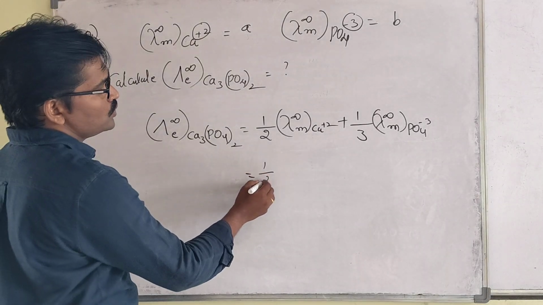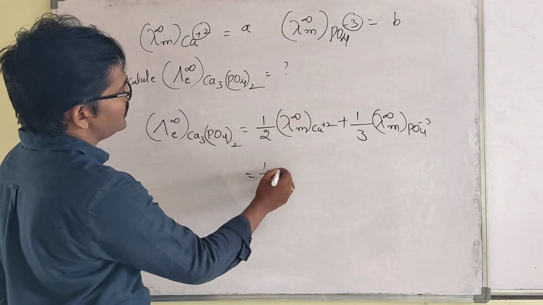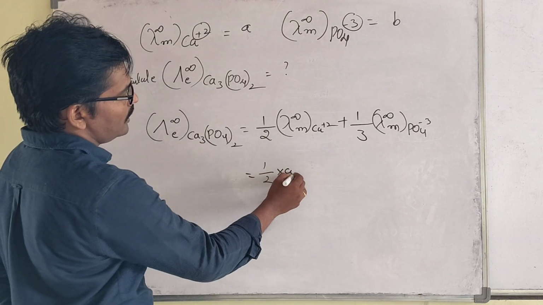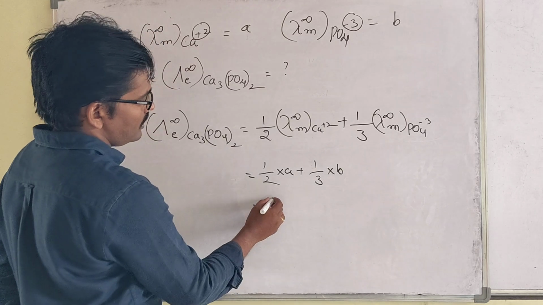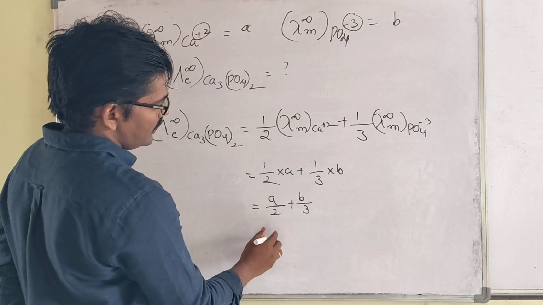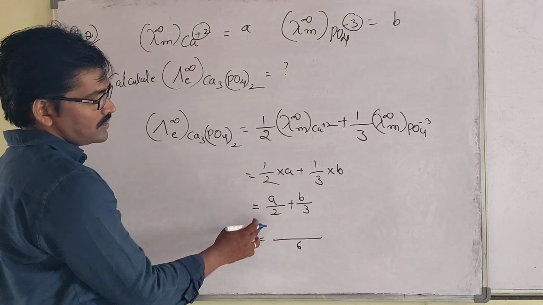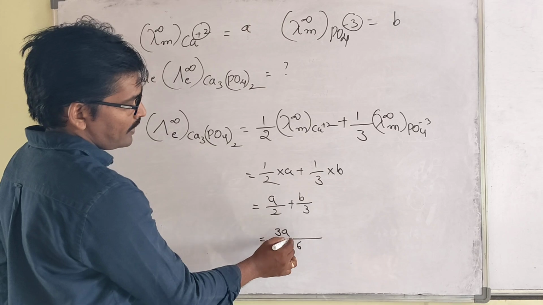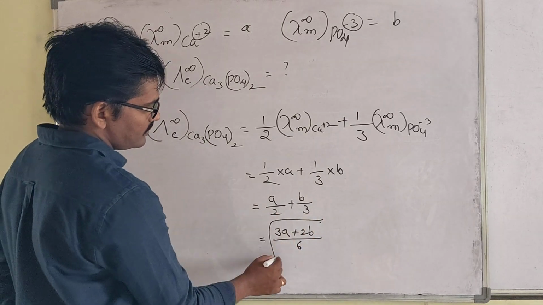So 1 by 2 of A plus 1 by 3 of B, that is A by 2 plus B by 3. Then the LCM for this is 6, so it is (3A plus 2B) by 6. So this is the answer for this.